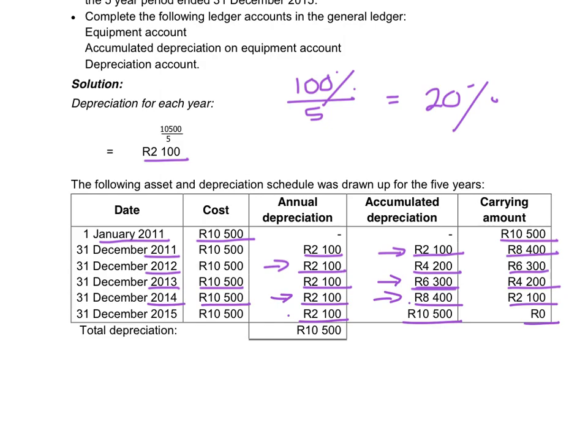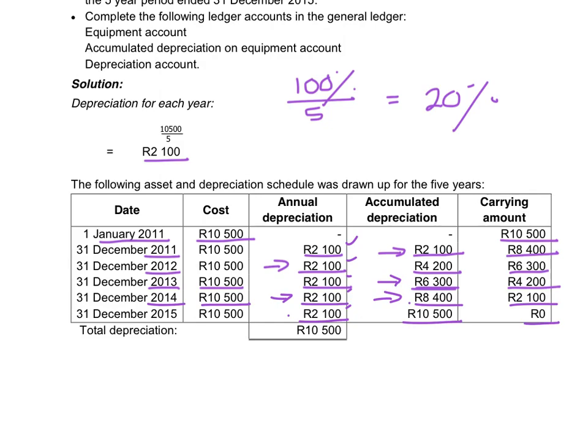You can still use the asset, but you've written off the total value of your asset over this 5-year period. And that is the purpose of depreciation, that you will take this annual depreciation every year to the income statement. So every year you will show an expense of 2,100. In your balance sheet, you will show every year the carrying amount of the asset.